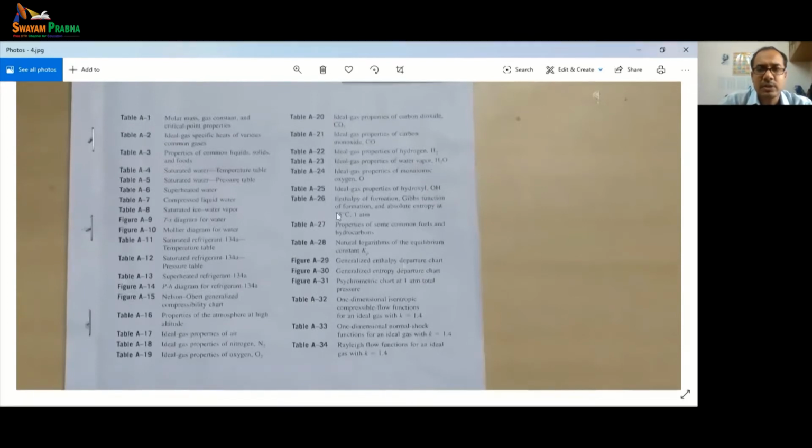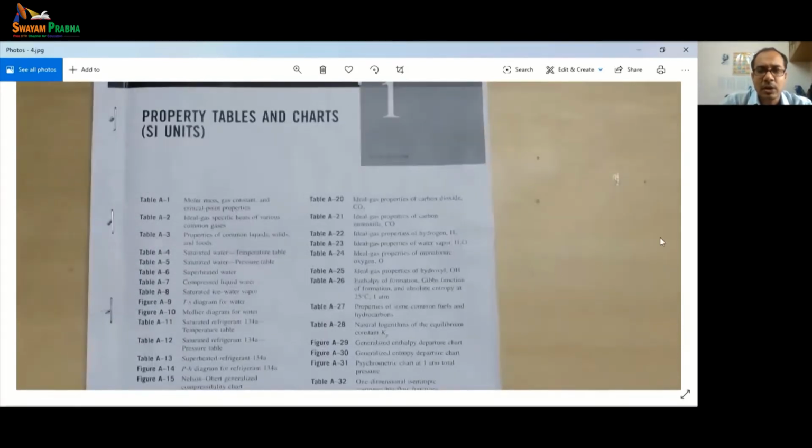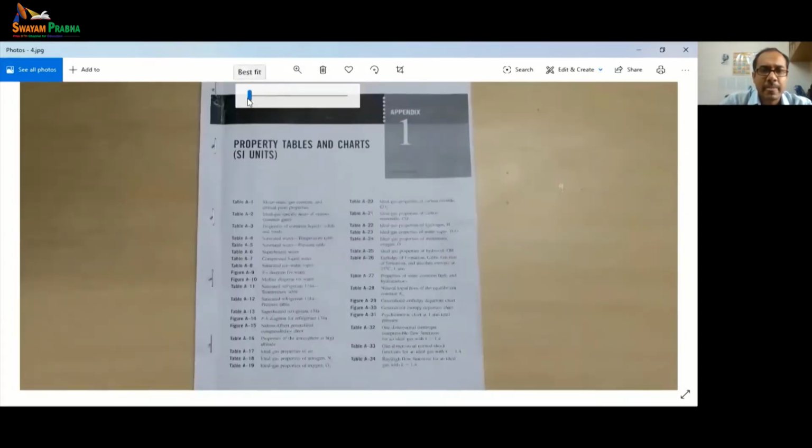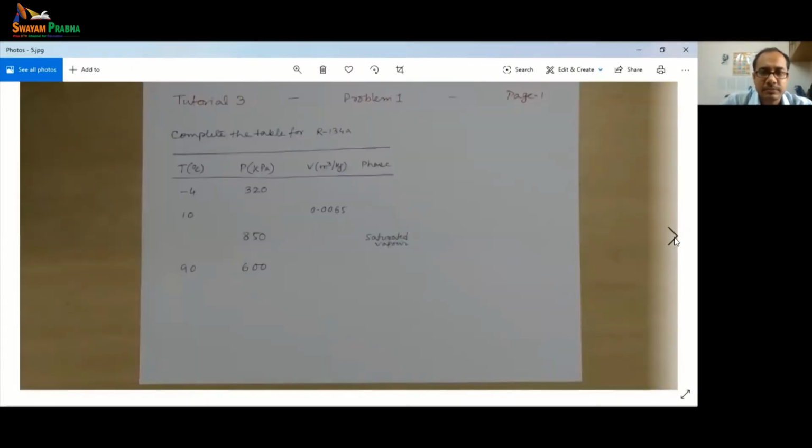Hopefully this tutorial will show you how to look up numbers from the tables and how to use them. With this introduction, let's look at the first problem.